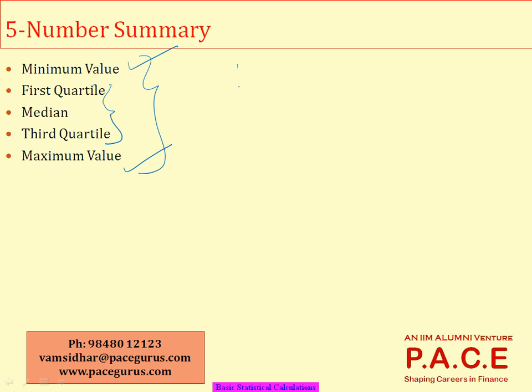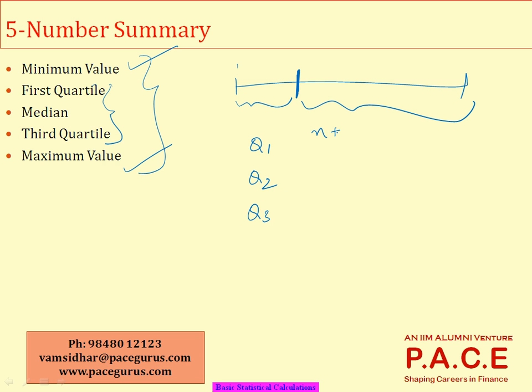How do I find the quartile? You arrange all the data in ascending or descending order, and take the value where 25% of the values are on the lower side and 75% are on the higher side. Or the simple calculation way: if there are n data points, take the (n plus 1) by 4th element.